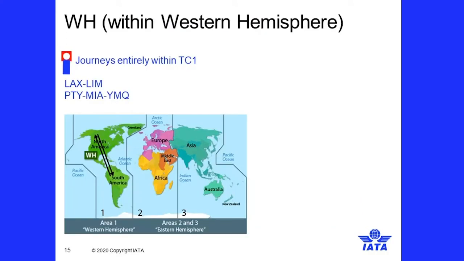So once again, the two-letter code WH will appear for fares or journeys entirely within Area 1. We have LA to Lima, we have Panama, Miami, Montreal, all of them travel within Area 1, Western Hemisphere. This will be the fare containing this two-letter code for global indicator Western Hemisphere.